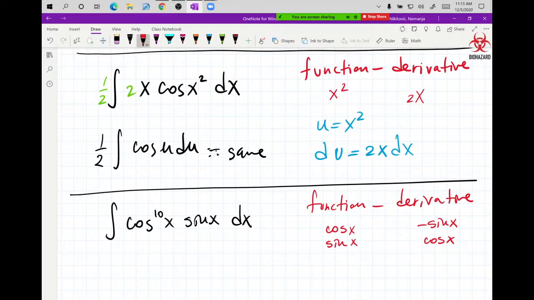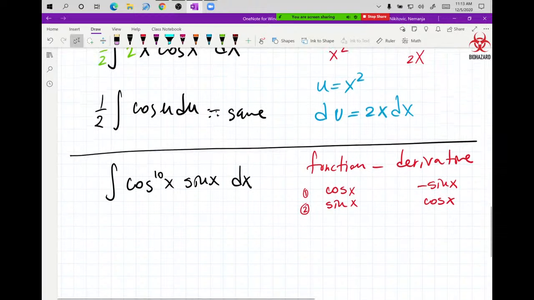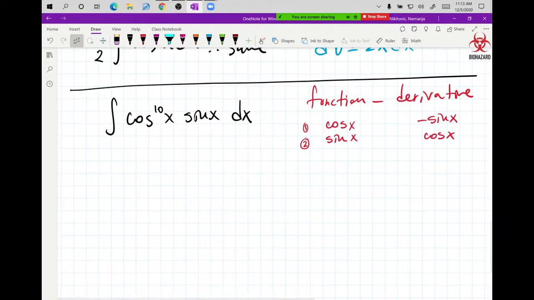Now, a lot of people would say, well, I don't want to use the negative sign, so let me try with u equals sine x. Because these are like two options you have, right? So let me use the bottom option. But if you use the bottom option, which is not the correct choice, you would see that you can't solve the problem. So let's try it.